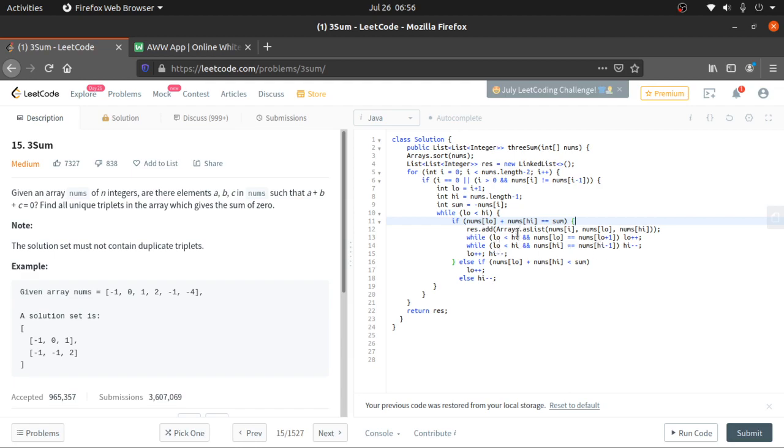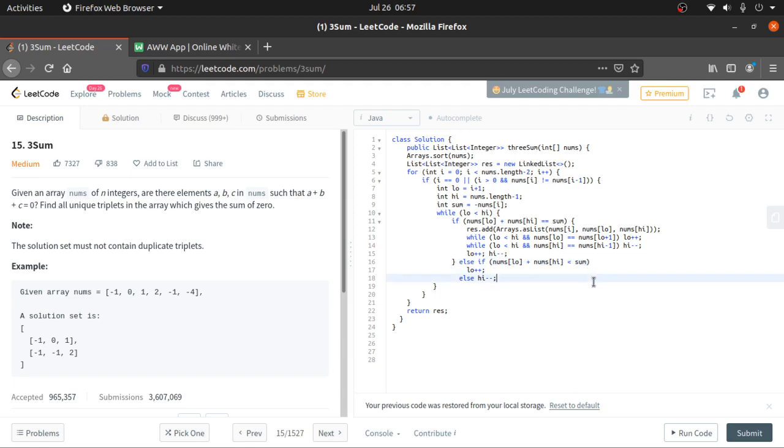So if low is within the boundaries, check if nums of low is equal to nums of low plus 1, then increment low. Then in another while loop, we do the same for high and decrement high. These are 2 separate while loops inside the main while loop, and we continue incrementing and decrementing low and high as normal.